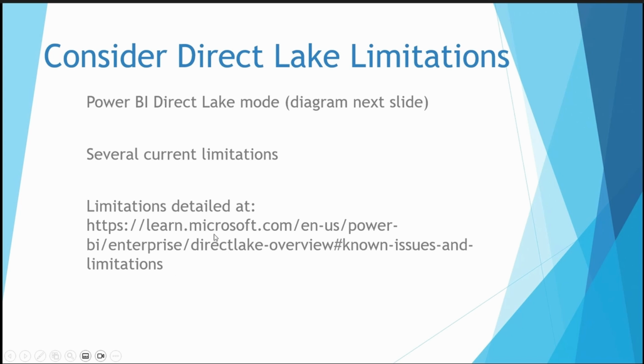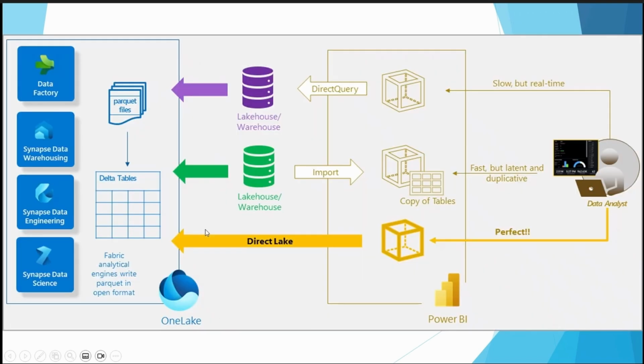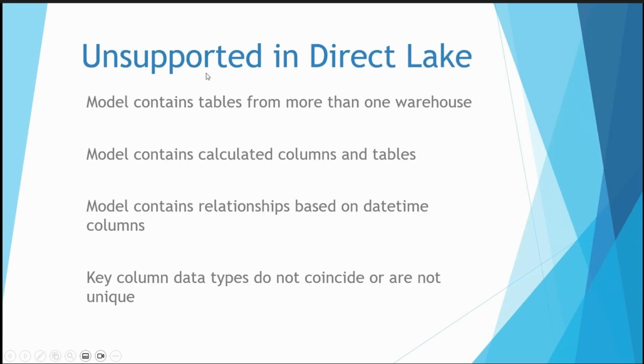Now these are detailed at that link, but these are some of the big ones. If our semantic model, aka Power BI dataset, but the new and improved term for that is semantic model, has tables from more than one warehouse, or actually from a warehouse and a lakehouse, you can't put that in Direct Lake mode.